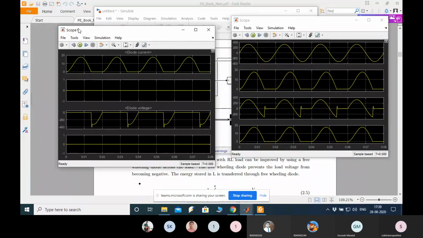But in the full wave rectifiers, both halves of the cycle are used, so it is much more efficient. It's twice the efficiency of the half wave rectifier. Similarly, you can do the full wave rectifiers also in Simulink.